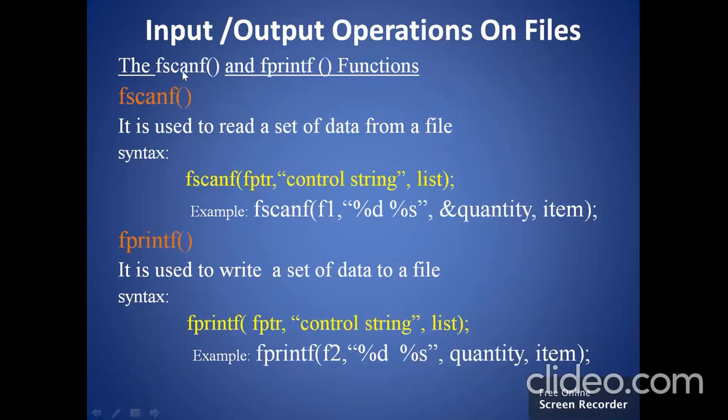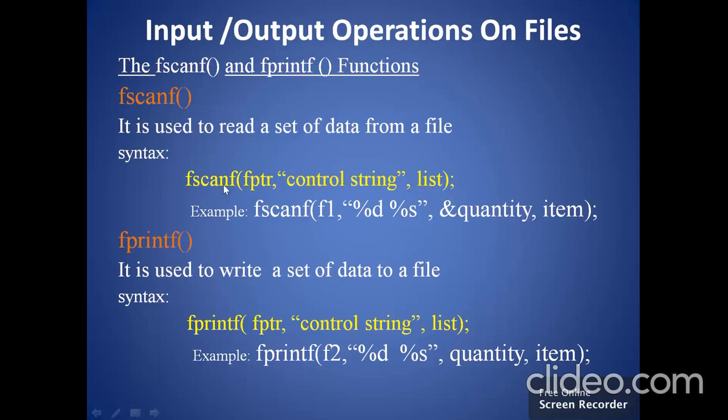Next, we will see fscanf and fprintf functions. At first, the fscanf function is used to read a set of data from a file. Its syntax is fscanf, inside the bracket we will have fptr, then a comma, then inside double quotes control string, then another comma, then list, then we will put a semicolon.